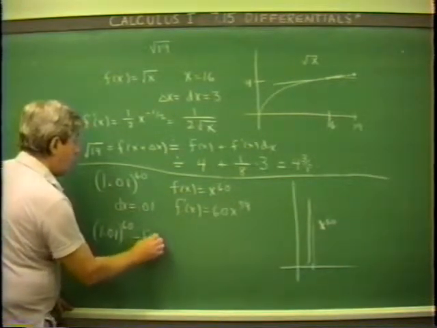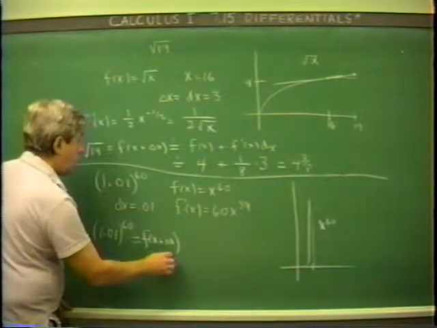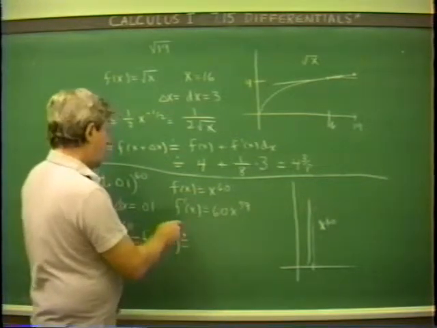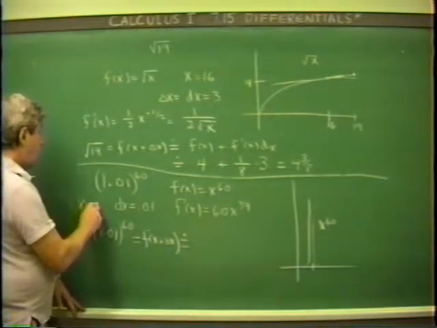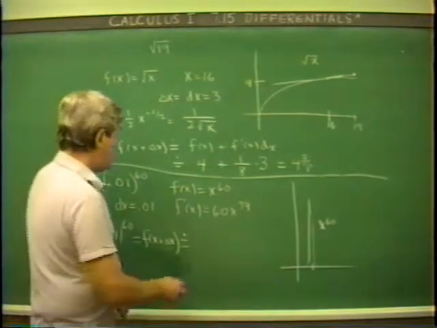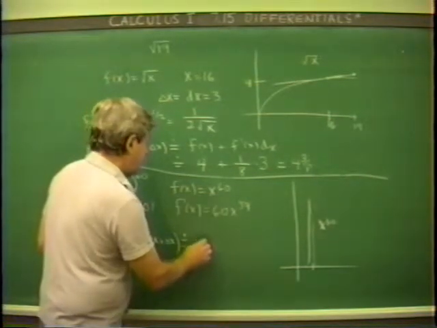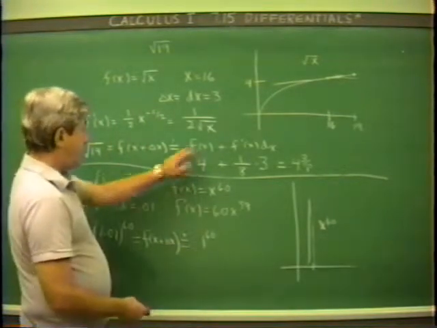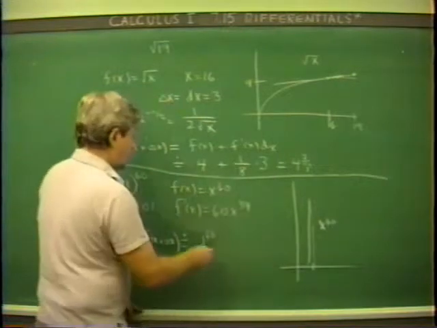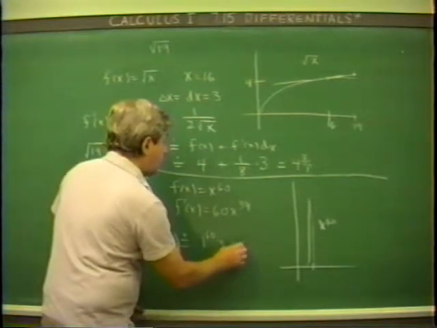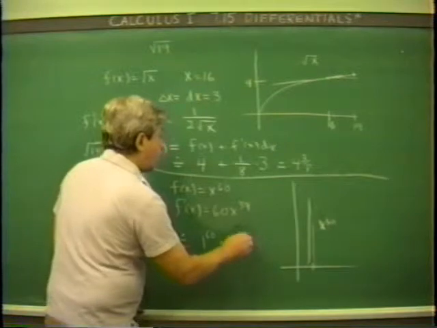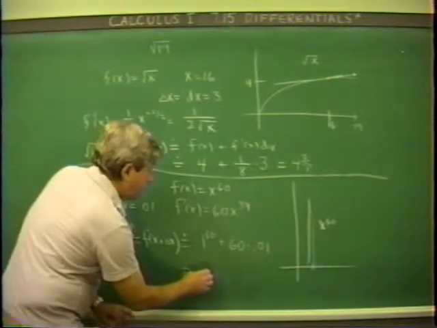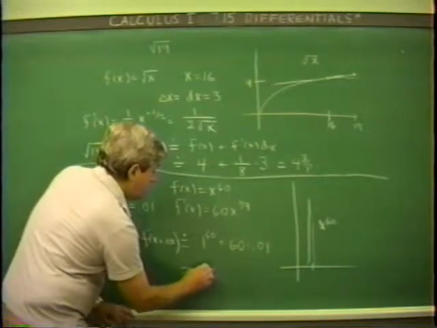So 1.01 to the 60th power is f of x plus delta x, which is going to be approximately equal to what? x is 1, dx is 0.01, so this is going to be 1 to the 60th, f of x, plus f prime of x delta x, so plus 60 times 1 to the 59th times delta x, which is 0.01.